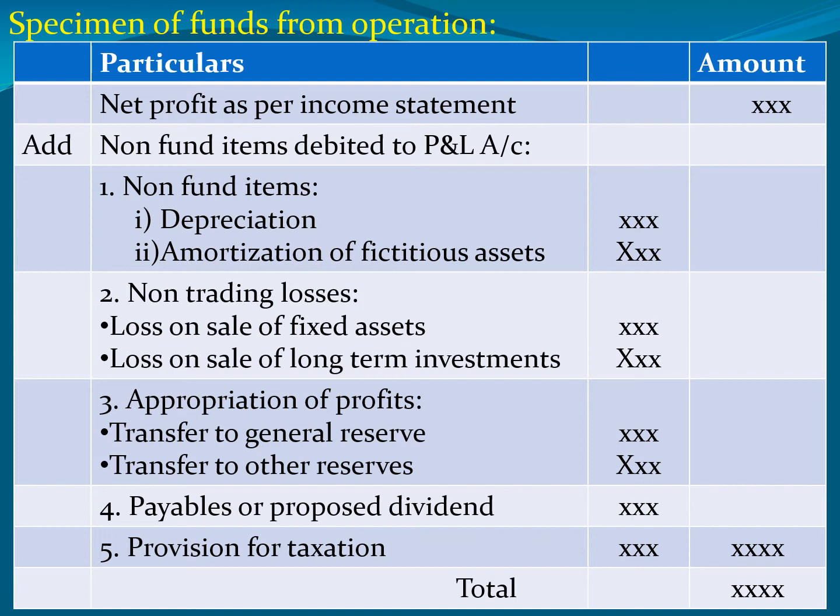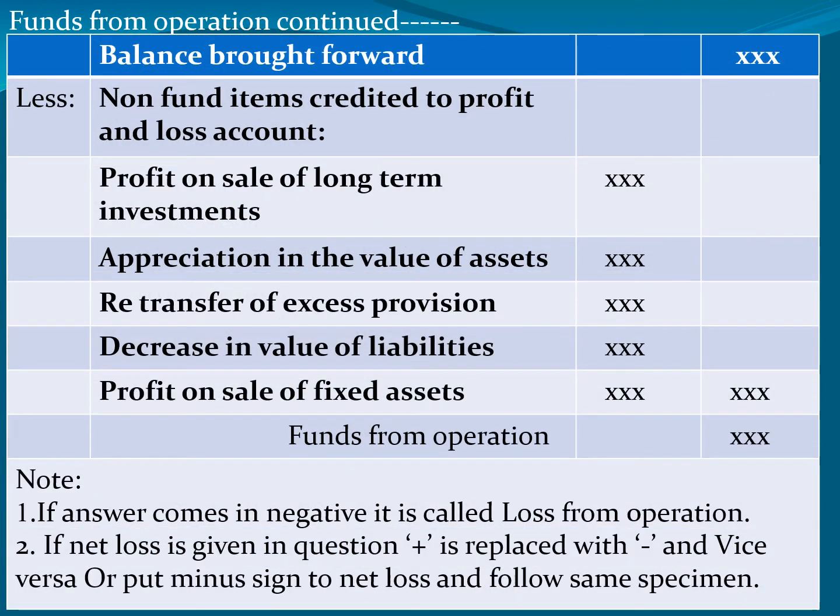So net profit as per income statement, adding non-fund items, total, then less non-fund items credited to the profit and loss account. These are credited to the profit and loss account. Because of that, the profit is showing more. Since they are non-fund, they are not supposed to be credited. Hence now they are deducted.